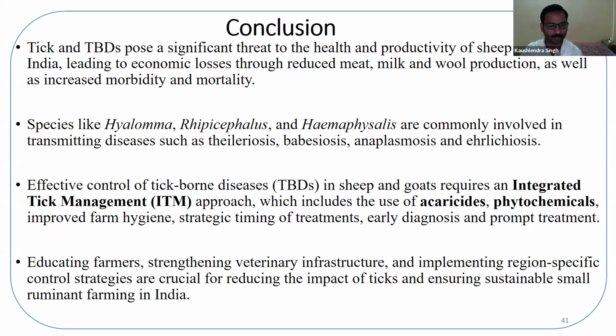Educating farmers, strengthening veterinary infrastructure, and implementing region-specific control strategies are crucial for reducing the impact of ticks and ensuring sustainable small ruminant farming in India.